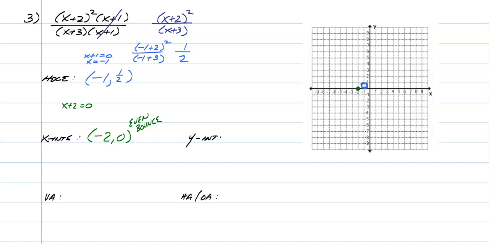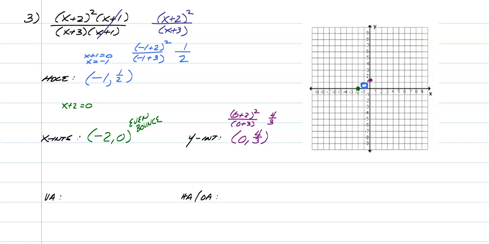Y-intercept, you plug in your 0, and you get 0 plus 2 squared over 0 plus 3, which means you are going to get 4/3. So you have a y-intercept at 0, comma 4/3. Obviously, that's just a little bit bigger than 1, so anywhere a little bit above 1 is going to be fine. Next up, our vertical asymptote.